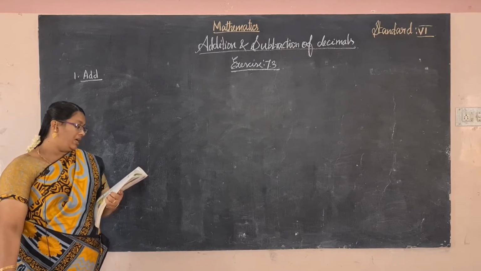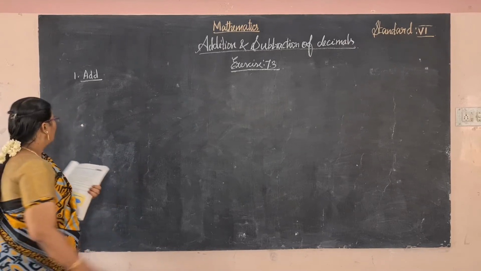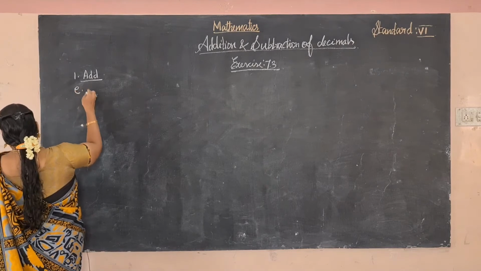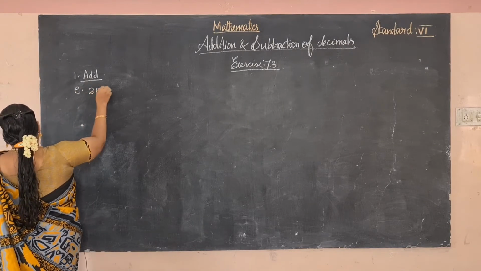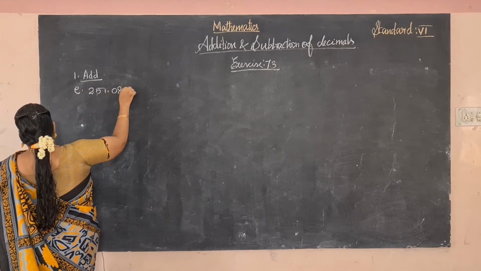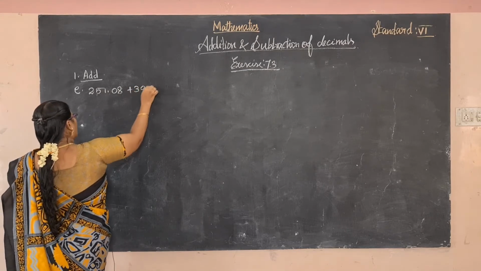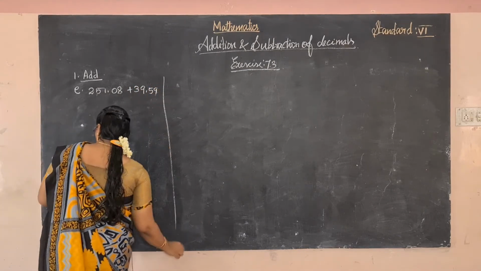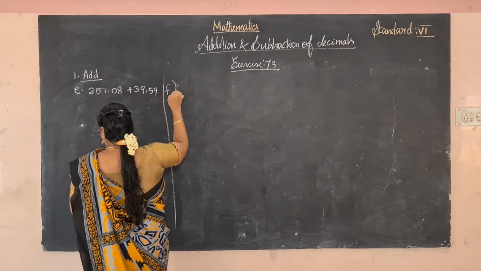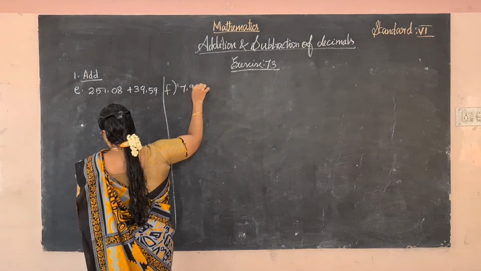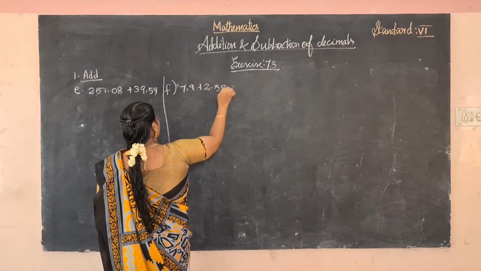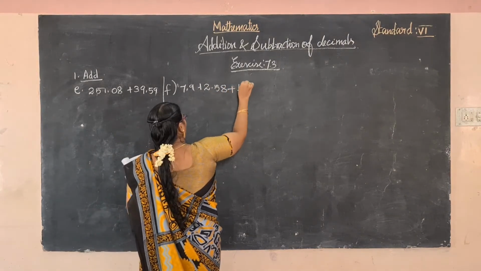We will do them as homework. I will do the E problem: 251.08 plus 39.59. That is the first one. And the second one, F problem: 7.9 plus 2.58 plus 4.6.